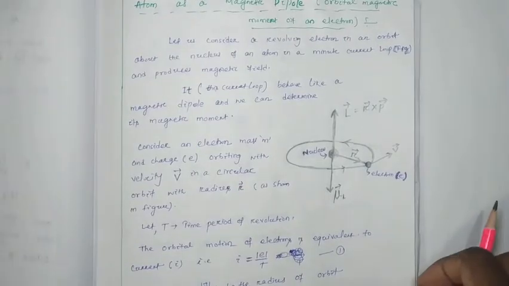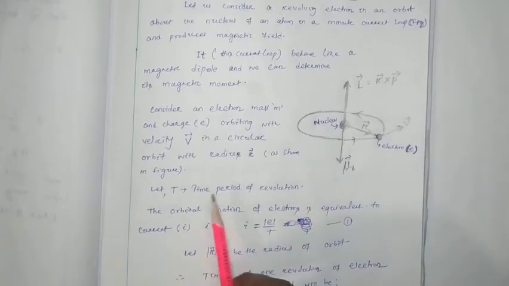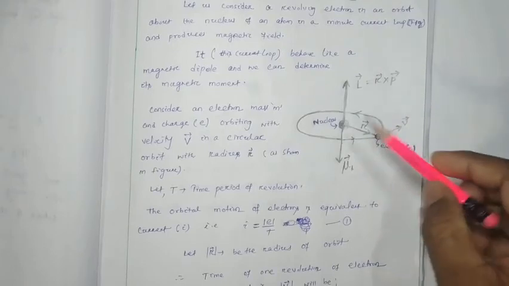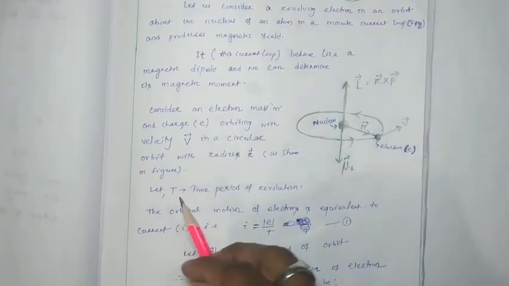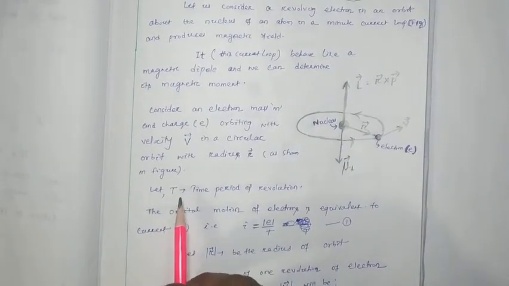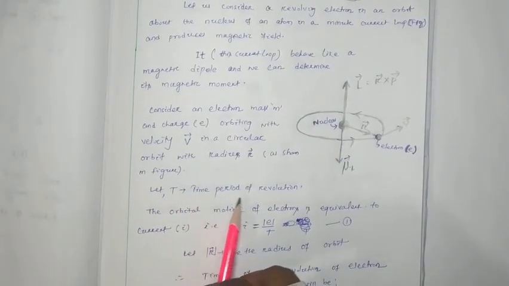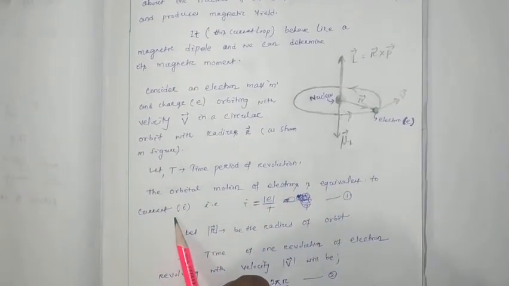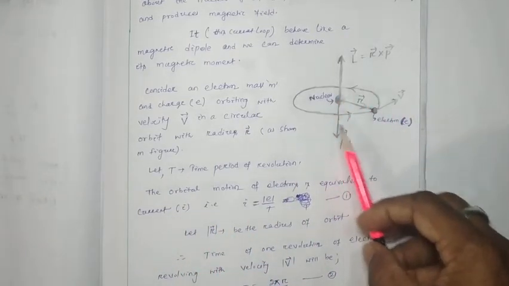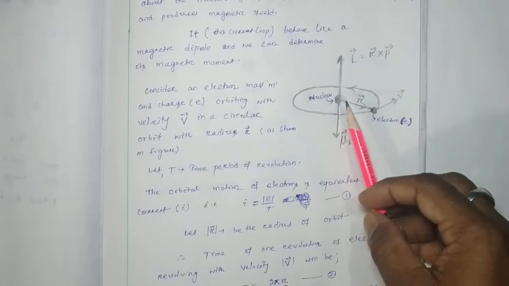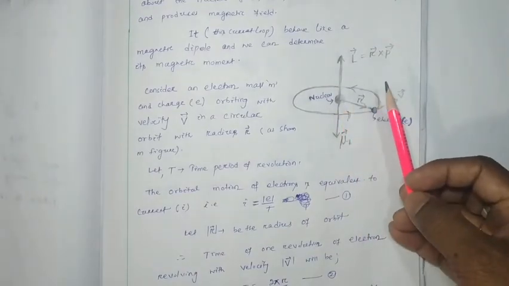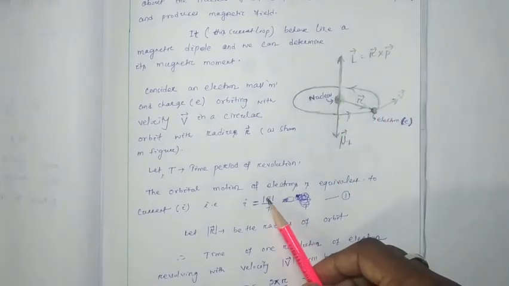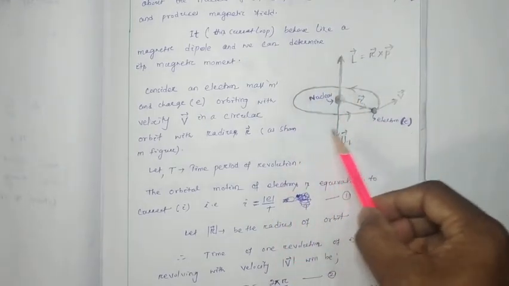Now let T be the time period of the revolution, that is, the time the electron takes to complete one rotation. The orbital motion of the electron is equivalent to a current, which is defined as charge divided by the total time for one revolution.